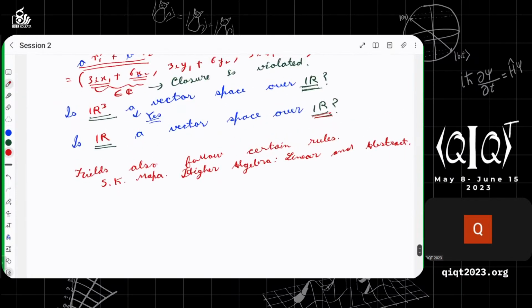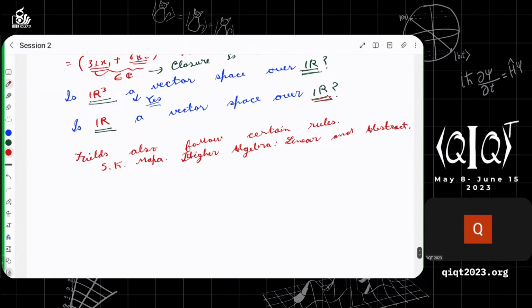Now, one thing you might find confusing here, especially those of you who are just starting out, is how the vector and the scalar can belong to the same set. So let's say, what is R? R is basically the number line, right?